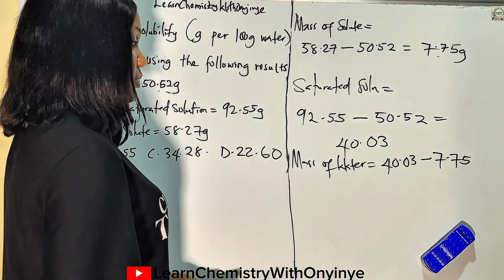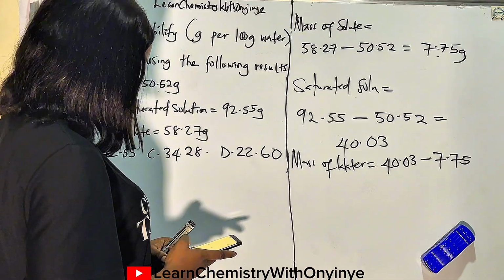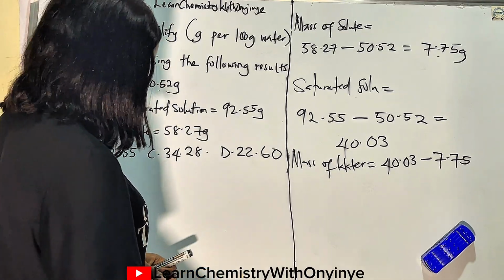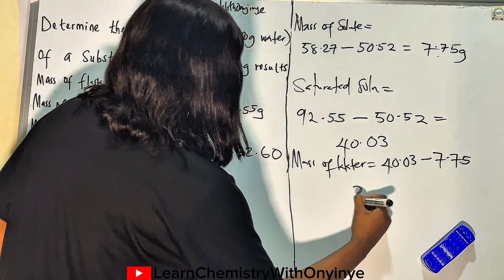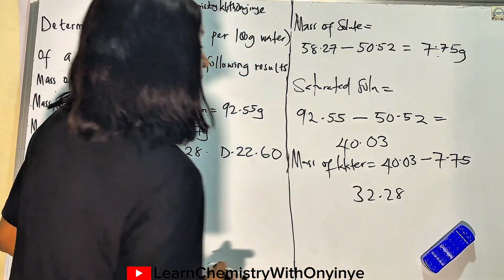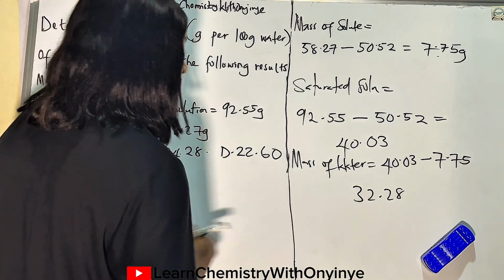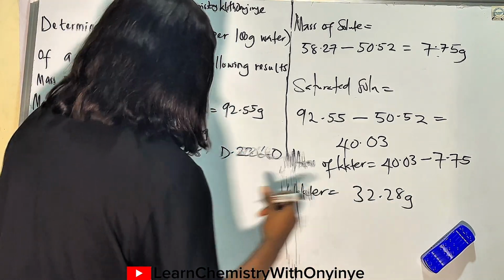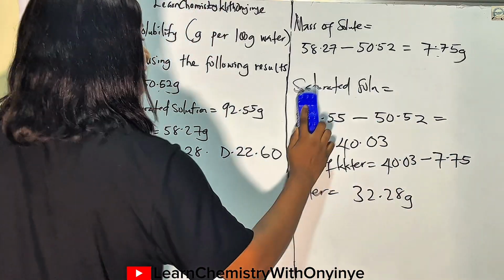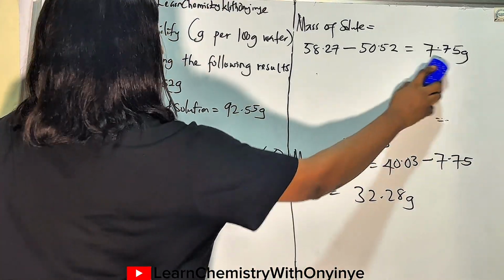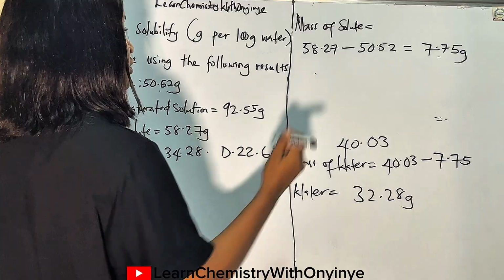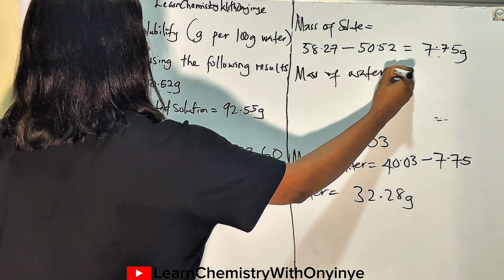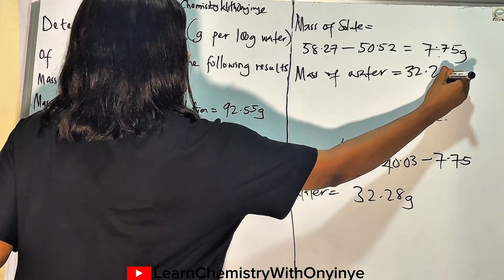So 40.03 minus 7.75 is 32.28. So here we have our mass of water. Water is equal to 32.28 gram.